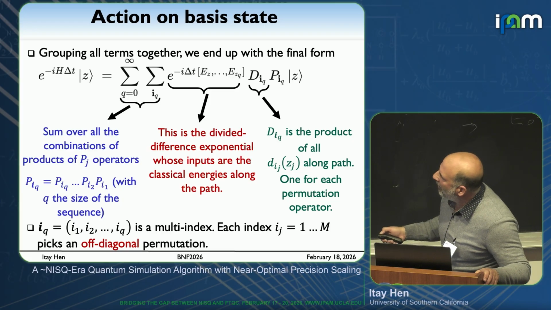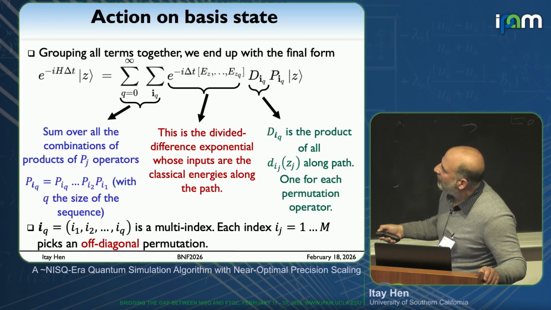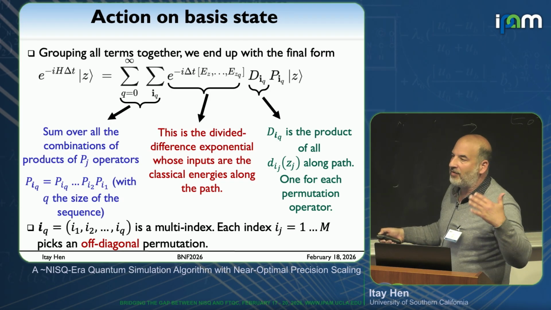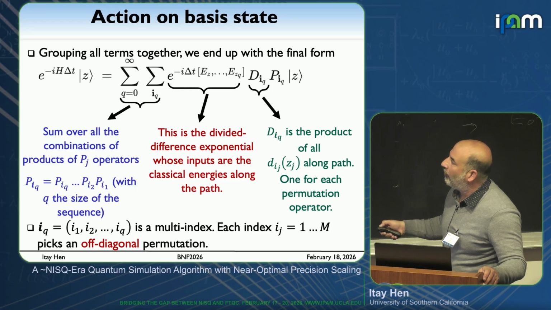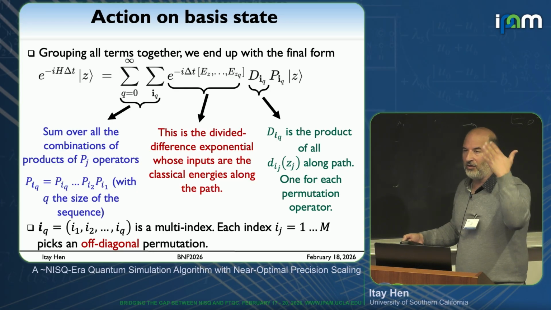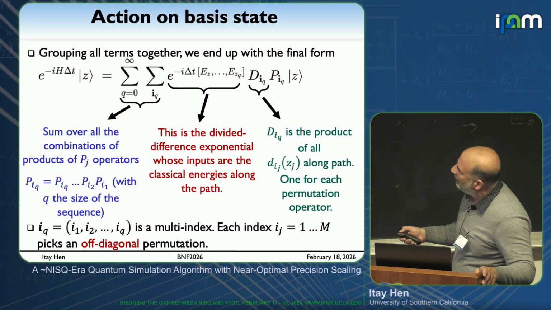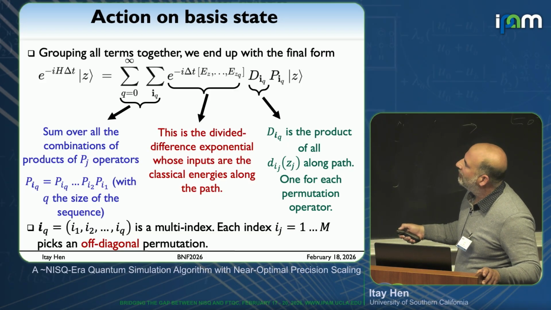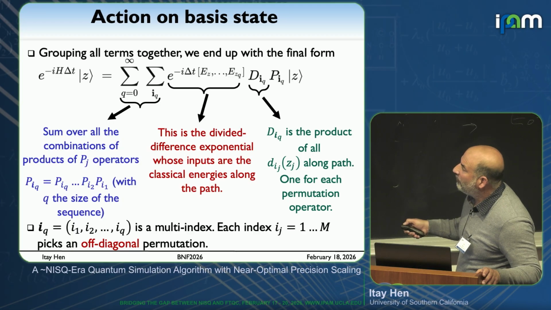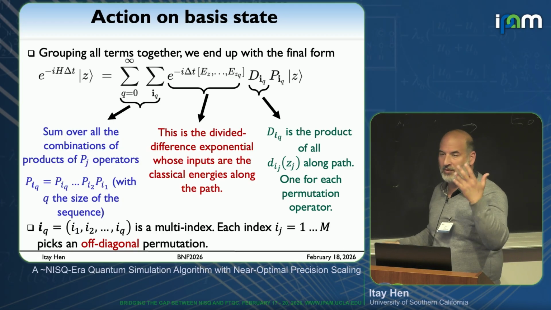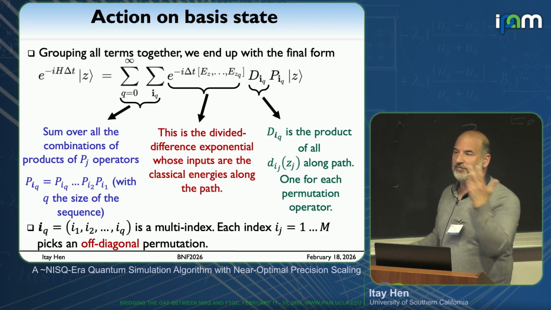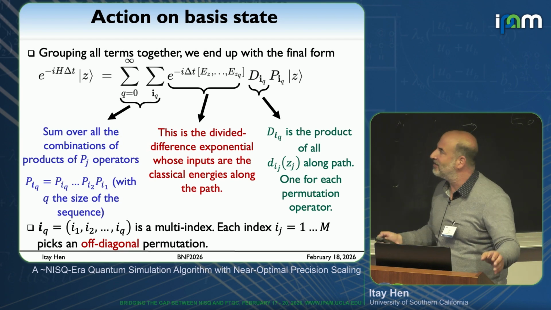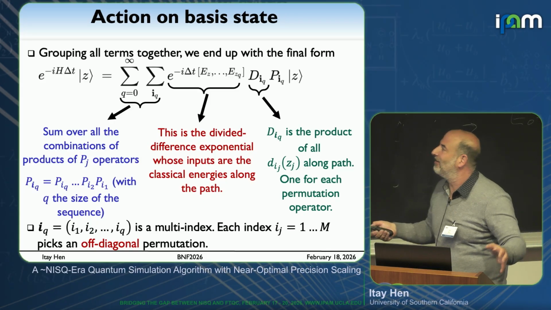So essentially, if I act with a short time evolution on a basis state, I need to sum over all the walks on the Hamiltonian graph. And each walk gives us a simple permutation. It's a simple permutation because, remember, the permutations are Pauli X's. So it's just a product of Pauli X's, which is just a Pauli X. It's a CNOT, essentially.